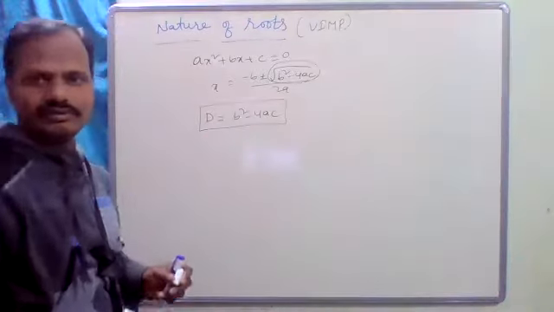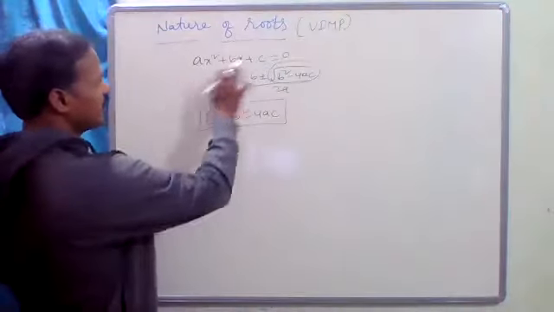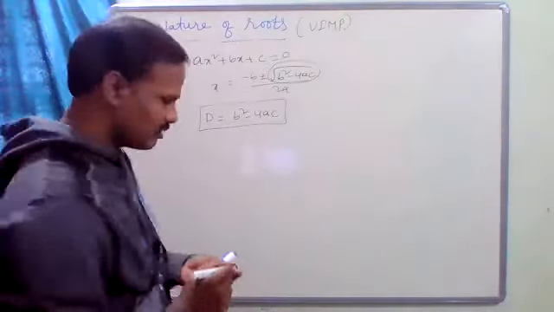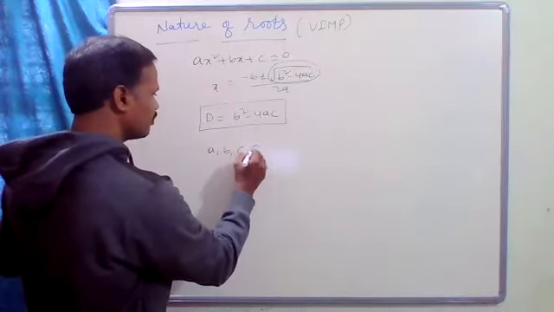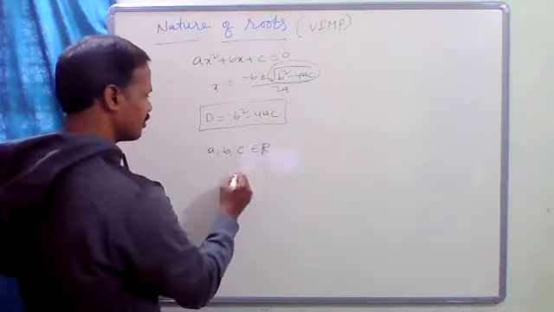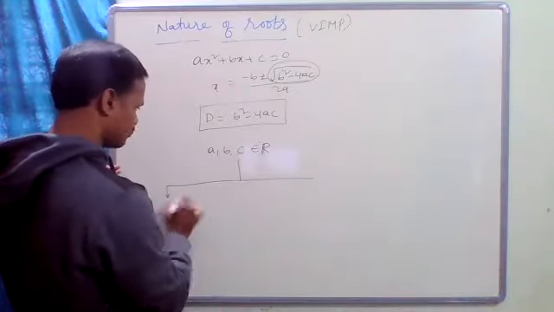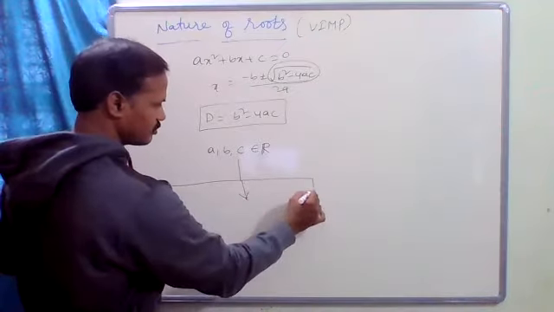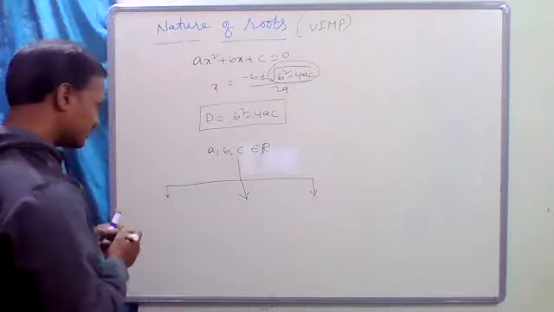Now, if a, b, c are real, a, b, c belongs to R, real numbers, then what about the discriminant?